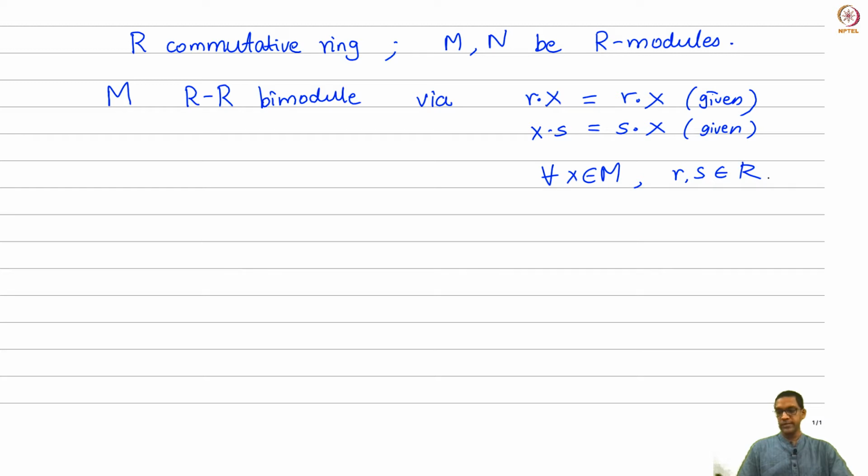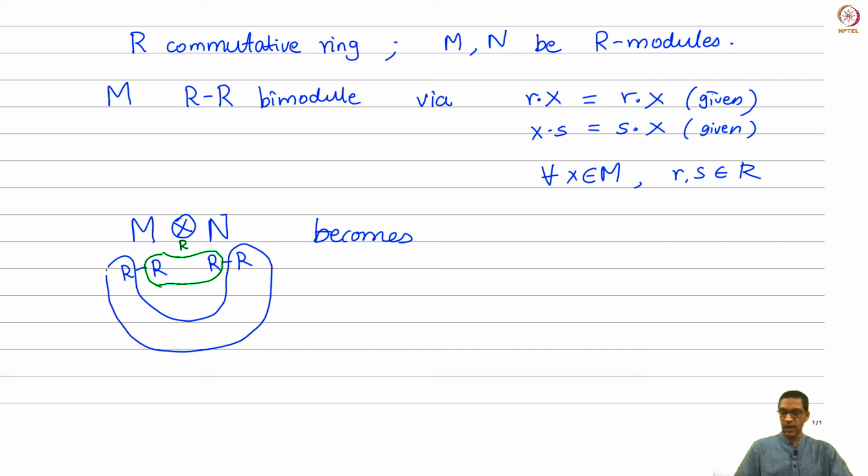Now the point is, the tensor product, as we discussed last time, if M is an RR bimodule and N is an RR bimodule, this means that the tensor product becomes, again by the same token, since this is the tensor product over R, this R and this R are used up when we construct the tensor product, and what's left is an RR bimodule.